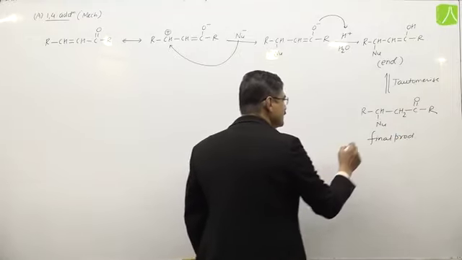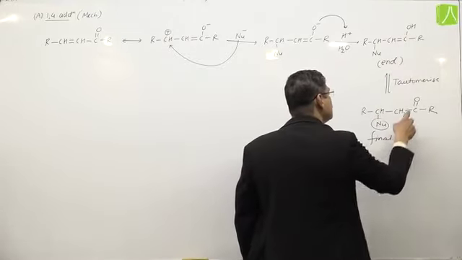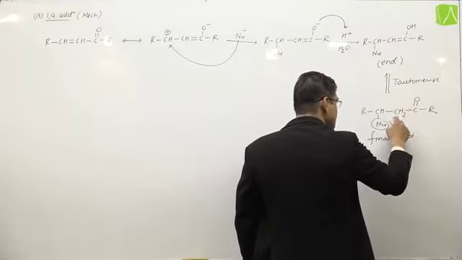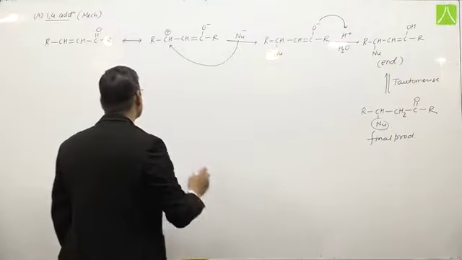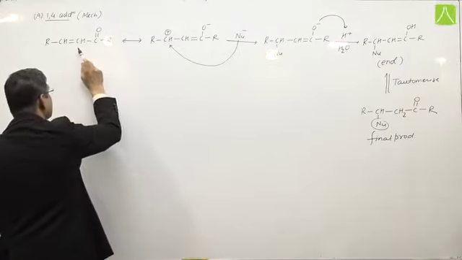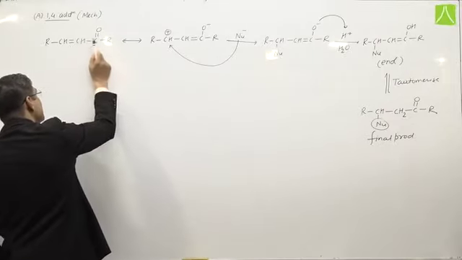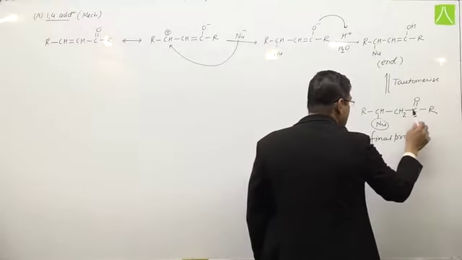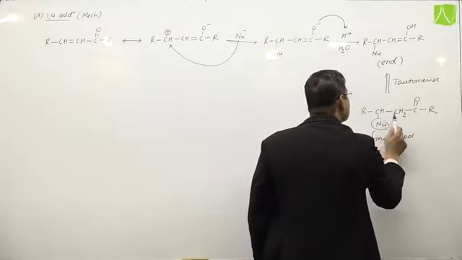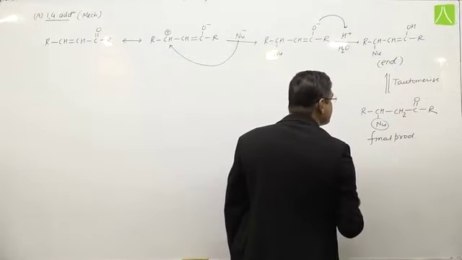So in 1,4 addition, nucleophile adds to the 4th carbon, electrophile adds to the oxygen, but after enolization or tautomerization, this is converted into ketone. So overall, please see the difference between the reactant and product. The reactant has one alkene and one carbonyl group. But in this product, the carbonyl group is as it is, but the alkene gives addition reaction.